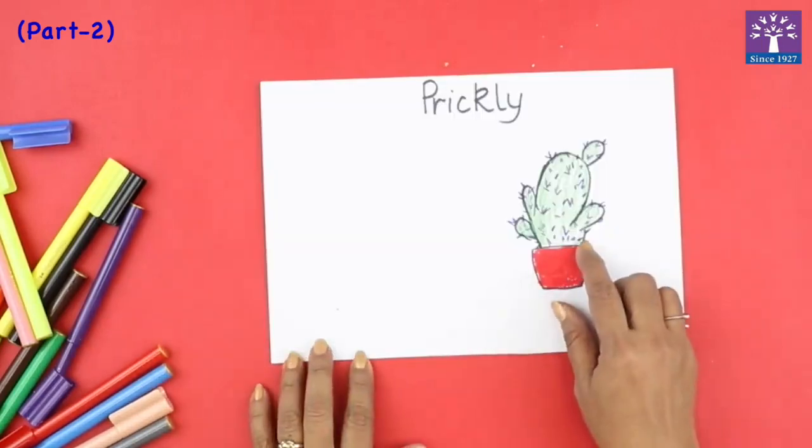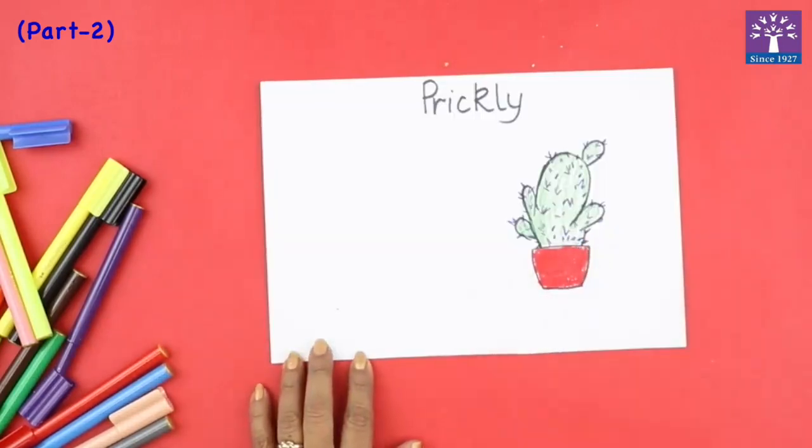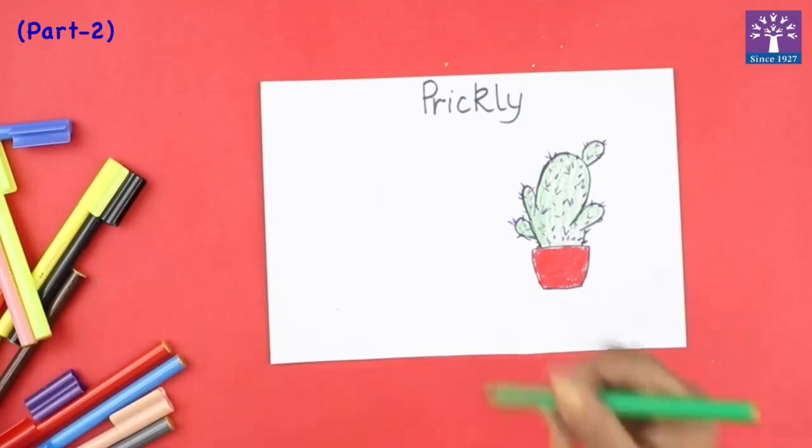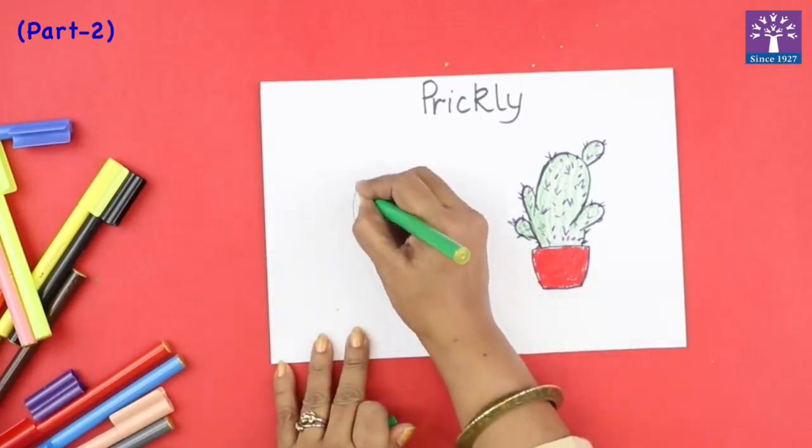Our next texture, something that is having thorns. It's a thorny effect. It's very easy. Now suppose this is a cactus.